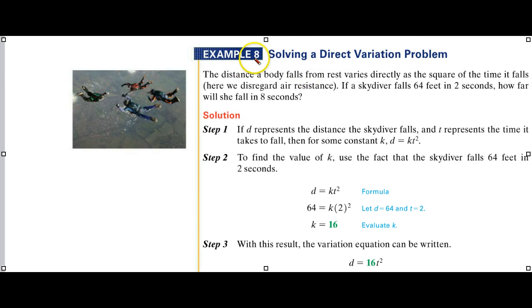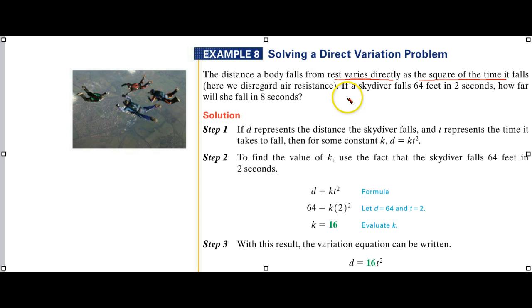But let's look at example 8, which is again another direct variation problem, and that was figure 5 that we referred to, in which we have a skydiver. It says the distance fallen from rest varies directly as the square of the time it falls. We disregard air resistance.